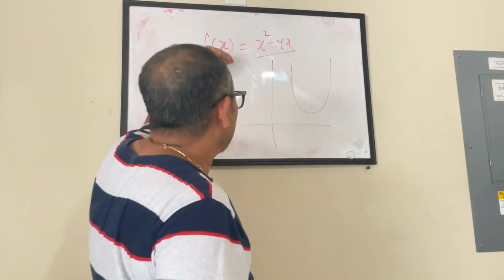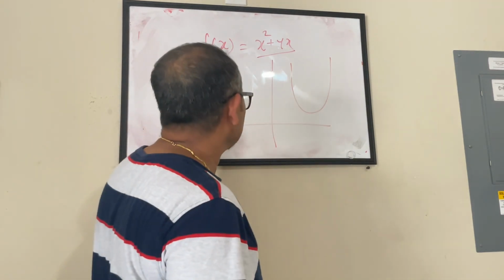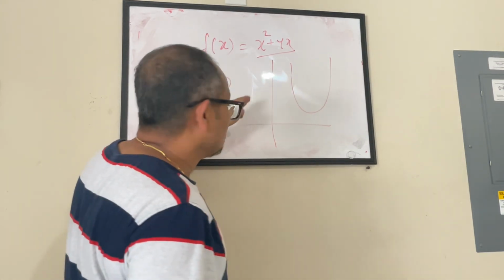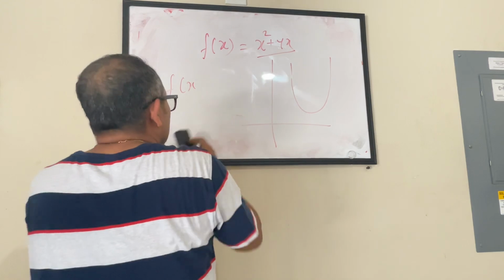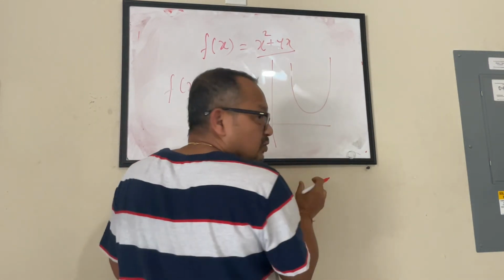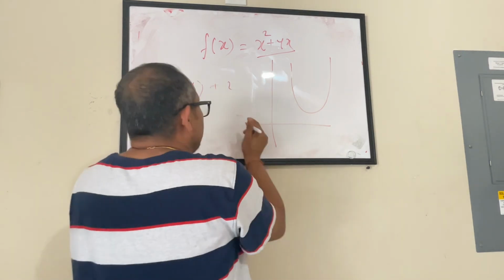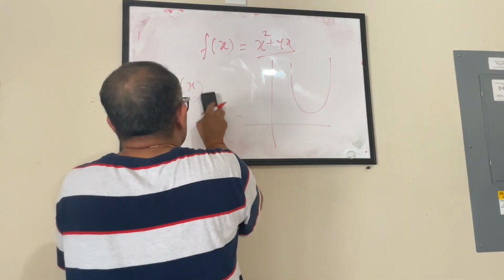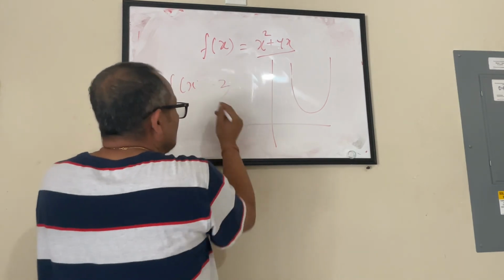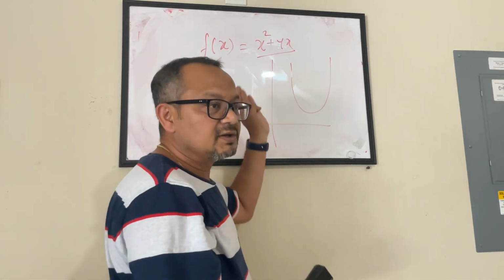So minus x flips, plus 2 outside shifts it upward or downward, and then f(x) minus 2 or plus 2 shifts it to the side.